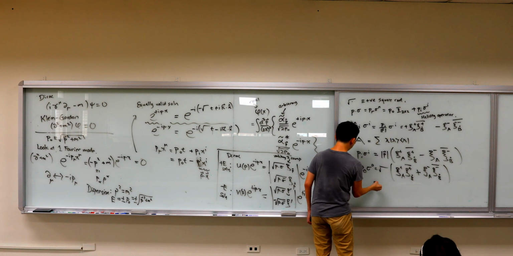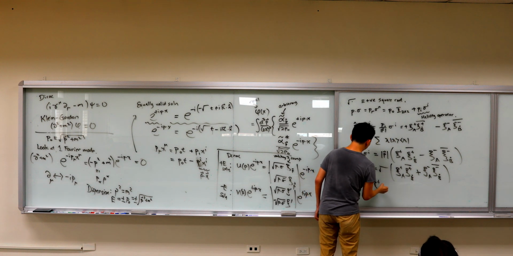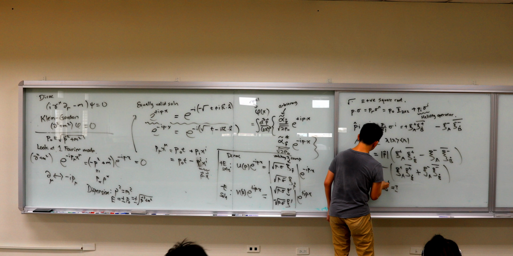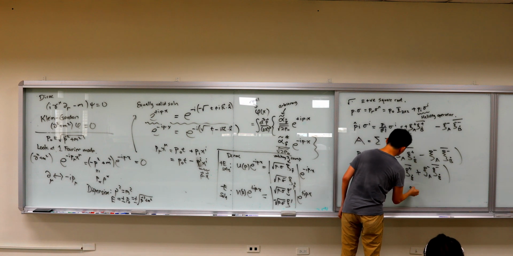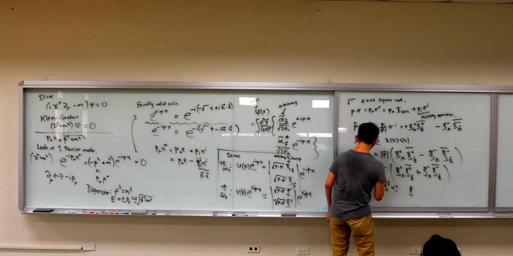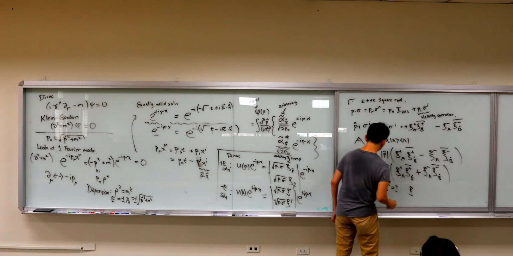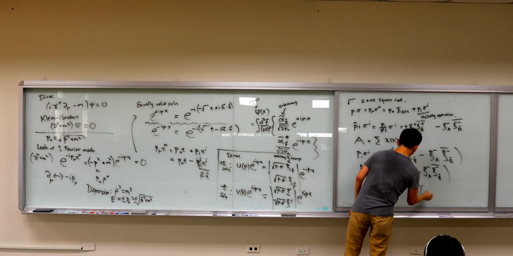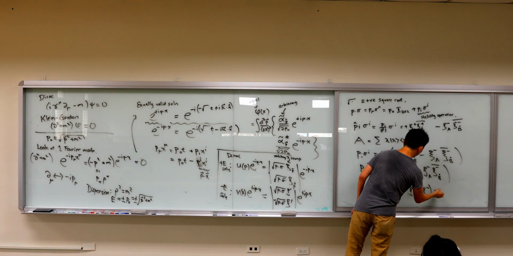I should probably mention that I normalize them to 1. This is 1 plus minus, and then if you dot them, I'm sorry, I need a dagger. If you dot the plus into the minus, you discover they're orthogonal.